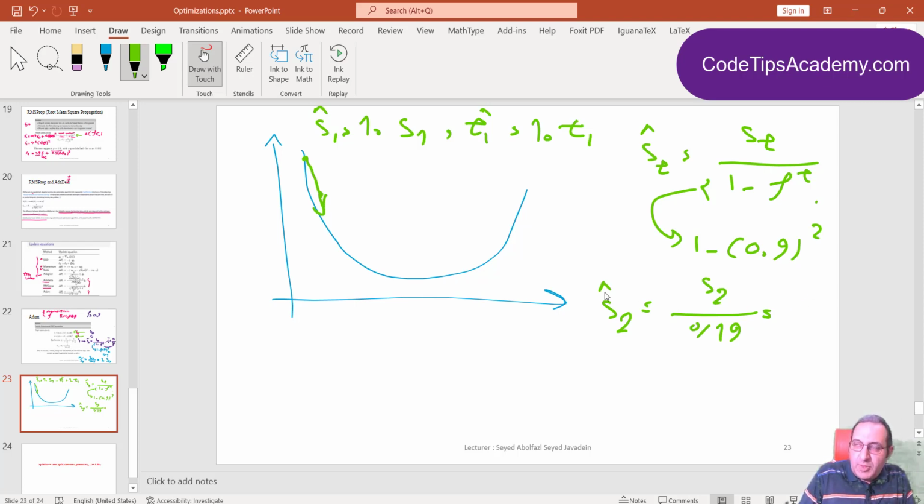That means that in S2 we have shorter steps, and what will S3 be?